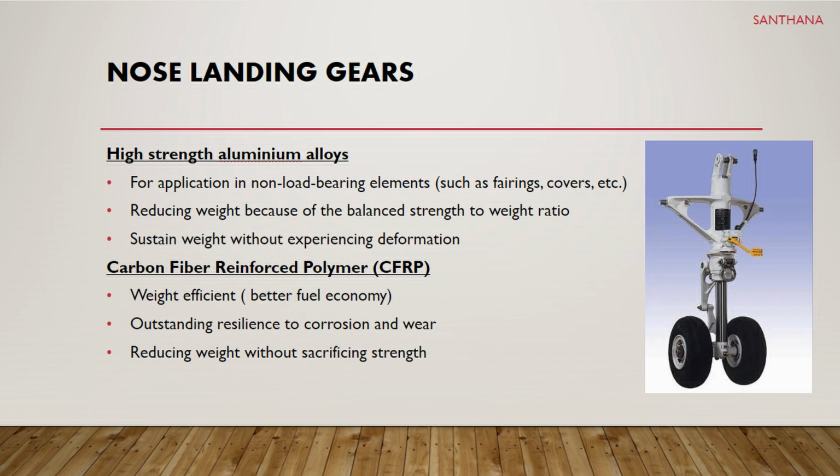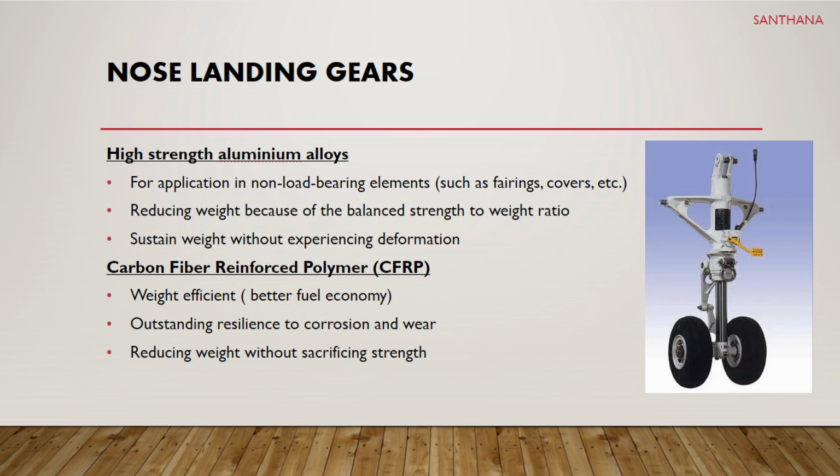Another important material used in nose landing gears is carbon fiber reinforced polymer, or CFRP. This composite is incredibly weight efficient, which contributes to better fuel economy. One of its biggest advantages is its exceptional resistance to corrosion and wear, meaning it can withstand harsh environmental conditions without fail.